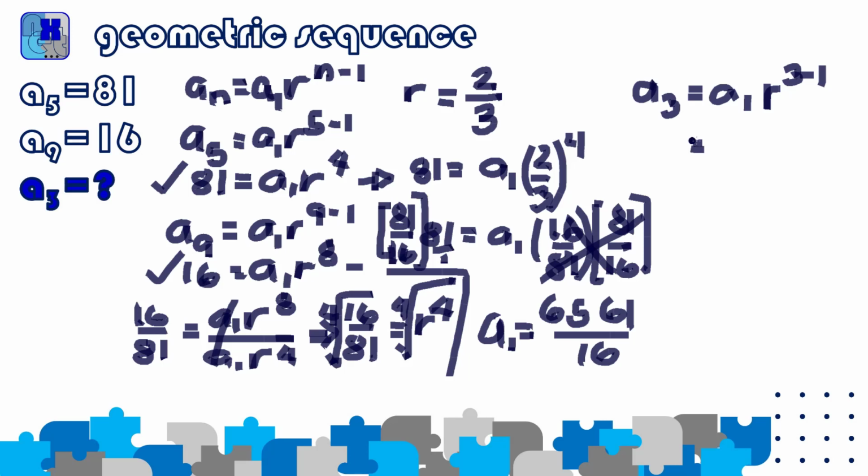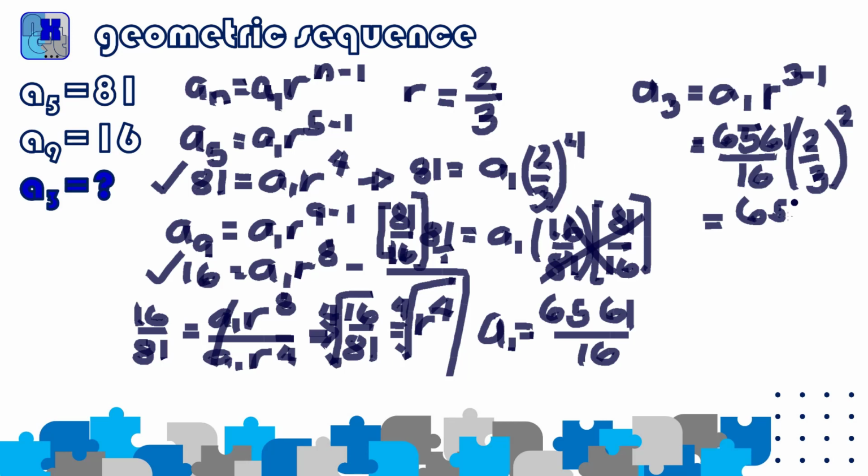This is equal to 6,561 over 16 for our a sub 1 times 2/3 as our ratio. Just going to automatically replace the exponent here with 2, because 3 minus 1 is 2. This will now be equal to 6,561 all over 16 times the square of 2, which is 4, the square of 3, which is 9.